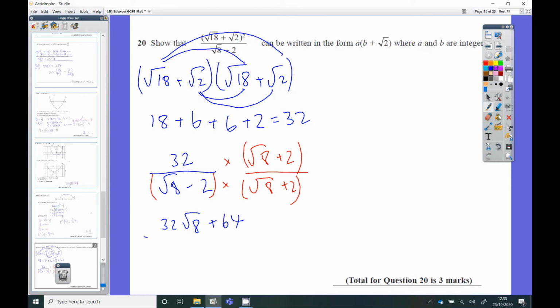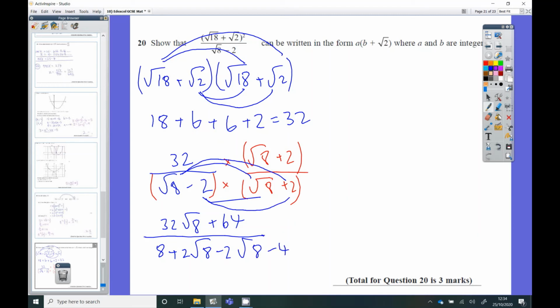And on the denominator, we've got our 4 clauses again. Root 8 times root 8 is root 64, which is 8. Then our second clause, that root 8 times that plus 2 is plus 2 root 8. Our clause 3 gives us minus 2 root 8. And our fourth clause, minus 2 times plus 2 is minus 4.